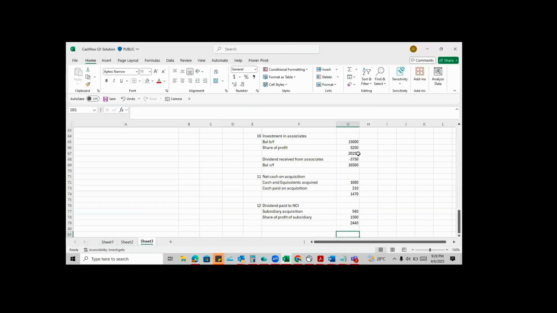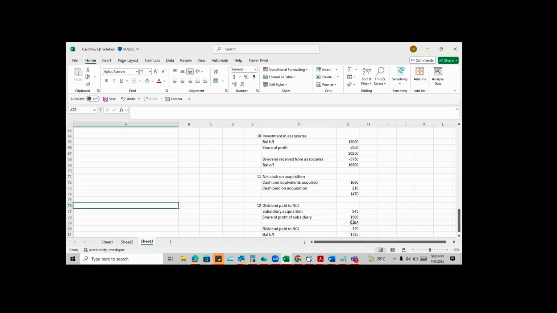All right. So I will say the balance, however, that was brought forward was 1,725. Then it means these guys received dividend. That could have been the only reason. So we'll say dividend paid to NCI is this.